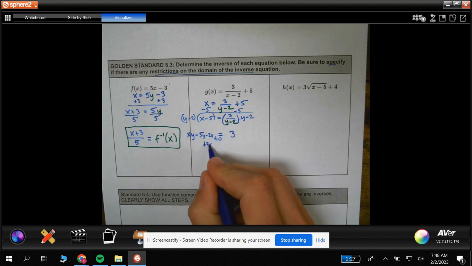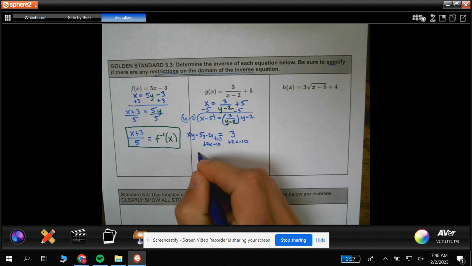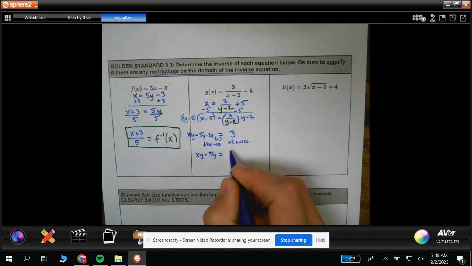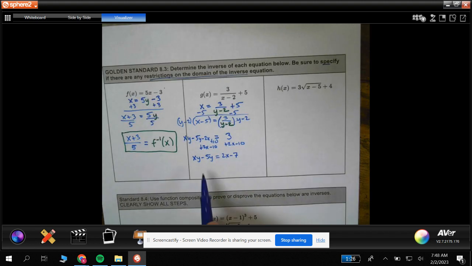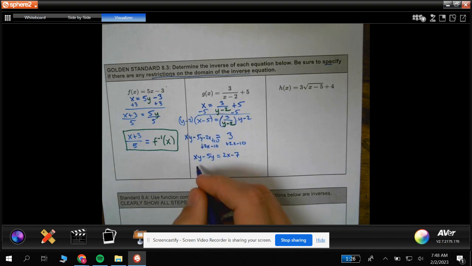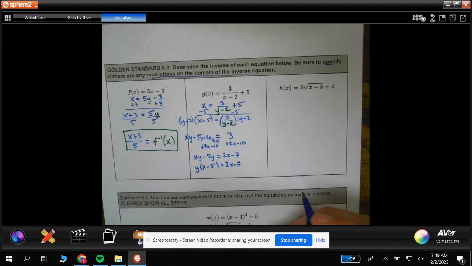So I'm going to add 2x and subtract 10 from both sides. So that's going to give me xy minus 5y equals 2x minus 7. Now, what do you notice? What's the greatest common factor between these two terms? The greatest common factor is y. So if I factor a y out, I get y times x minus 5 equals 2x minus 7.